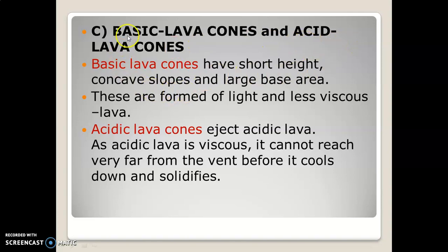So we can say the height of basic lava cone is very short, silica content is less, and it has gentle slopes. It covers a large area, and basic lava cone is formed of less viscous lava.